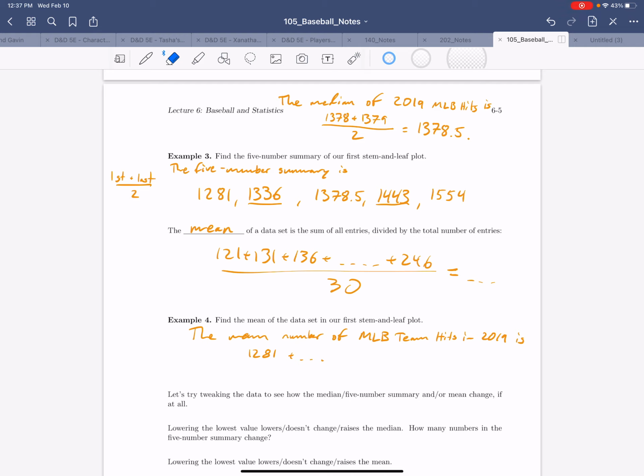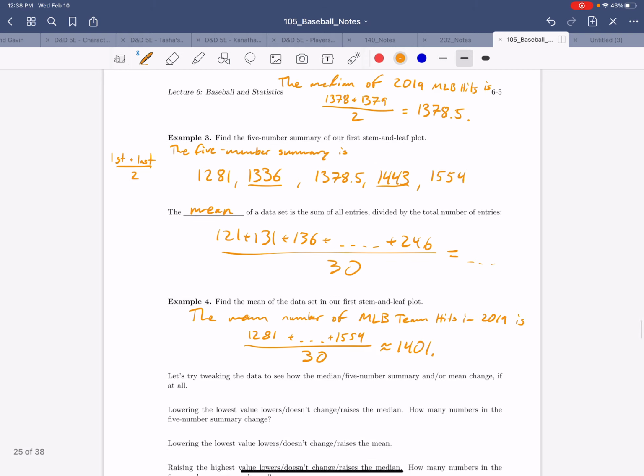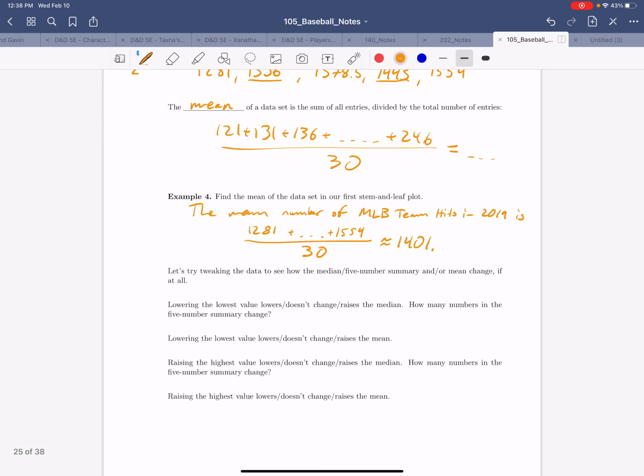Plus blah, blah, blah, plus 1554, all over 30. Right, because there are 30 teams. You can count there are 30 values. Ignore the league average value, right? And that's going to equal 1401. Now, I'd appreciate it if on a homework or an exam, you did at least include a tenth for a decimal, but they don't give that to us, so we're just going to go with that, right? So that's how you find the median. That's how you find the mean.